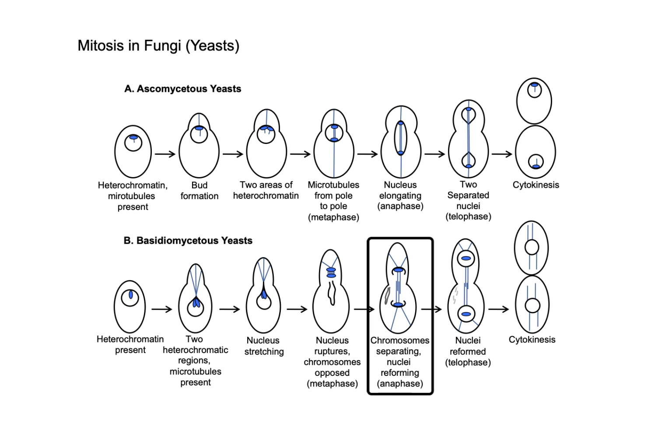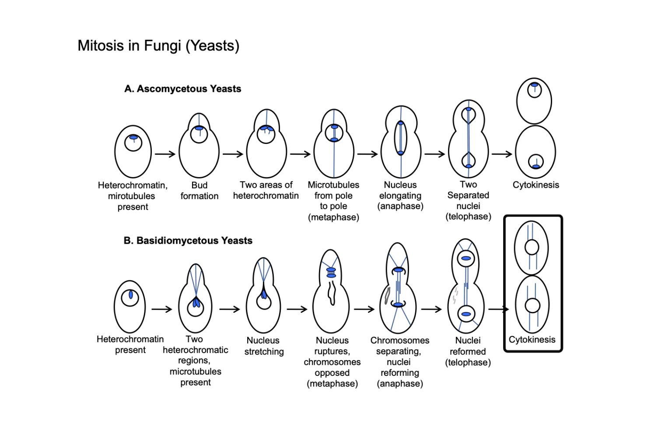And as they're separating, new nuclear membrane forms around each of those sets of chromosomes. And you can see in one corner of the cell that nuclear membrane breaking down, and some of those pieces are probably adding to the new membrane. And then finally, you have cell division or cytokinesis at the end.